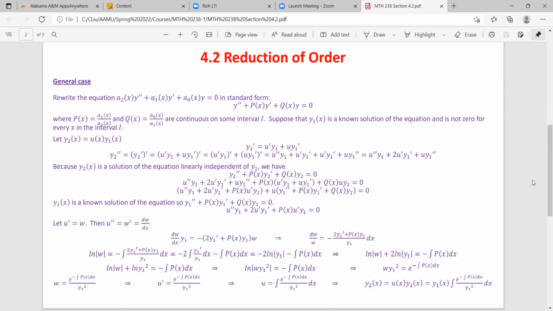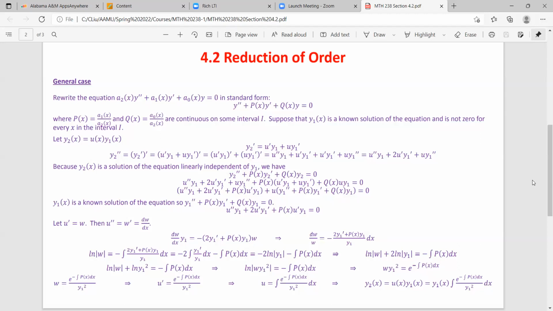Again, remember y1 is given in the problem, so we actually get the equation for u double prime and u prime. If you look at the equation, that's the only thing we don't know. So we just denote u prime by w again, and solve for u.